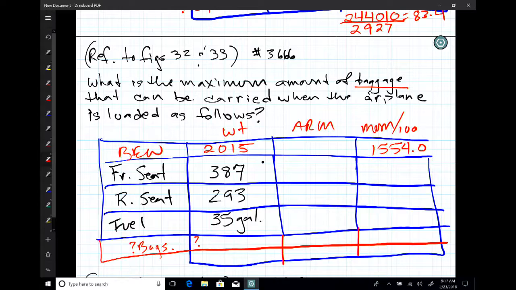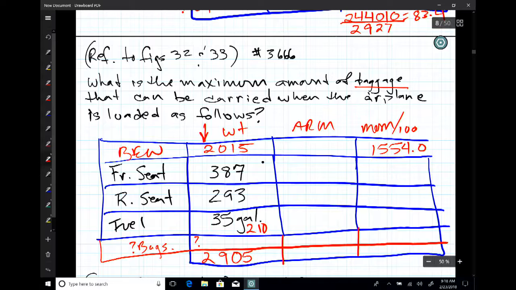Well, the first thing that we're going to need to do is add our weight column here first of all. So we have 2,015 pounds, front seat 387, rear seat 293. We've got fuel here, 35 times 6. How much is that? 210. And we don't know what the baggage is, but everything there, the amount of weight that we have minus the bags, is going to be 2,905 pounds.